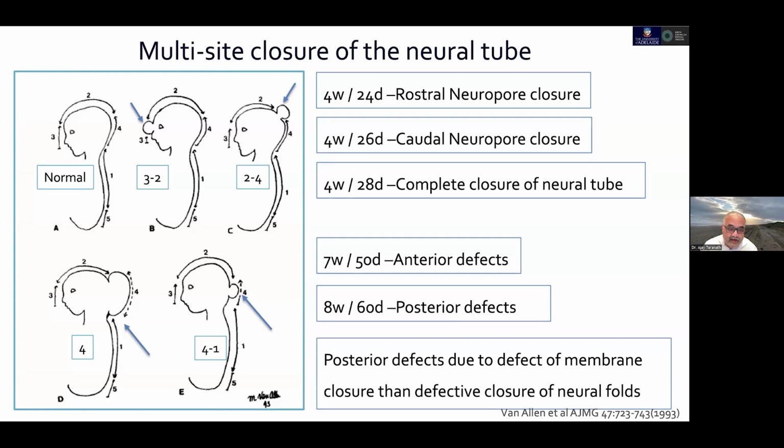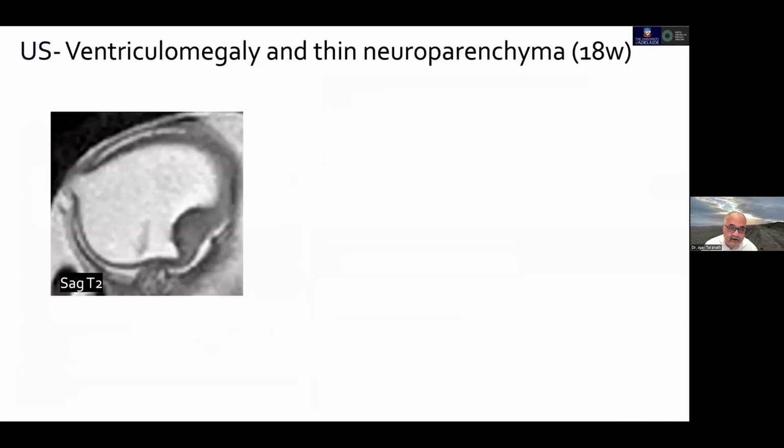In that context, we did an ultrasound where a ventriculomegaly and thin neuroparenchyma were detected at 18 weeks. A fetal MRI at 1.5 Tesla, a sagittal T2, shows an encephalocele, ventriculomegaly, and thinning of the neuroparenchyma, so thin that it is not possible to assess the lamination.